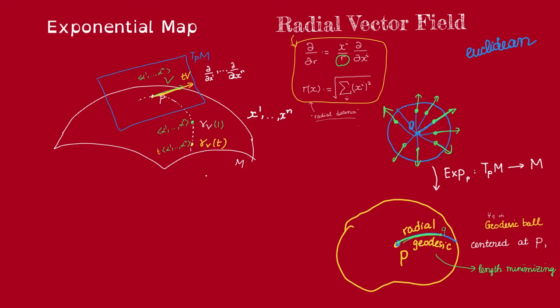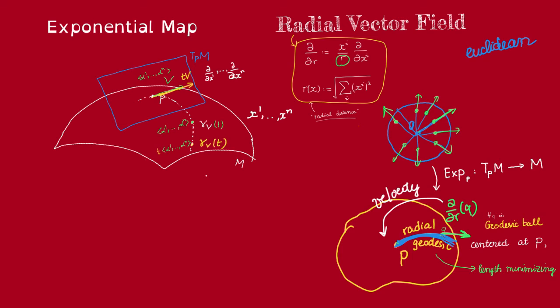Alright, now how about on a general manifold inside a normal coordinate neighborhood? Again, remember the normal coordinates here were inherited from the coordinates on the tangent space. So at any point Q here, this ∂r at Q would be the velocity vector of this radial geodesic, parameterized with unit speed.